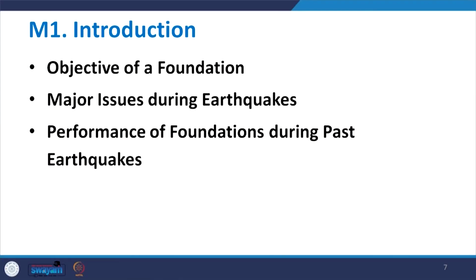So, let us discuss what is in these different modules. Introduction is going to cover the objective of a foundation, what the major issues during earthquakes are, and how the performance of foundations has been during past earthquakes. This will be covered today.